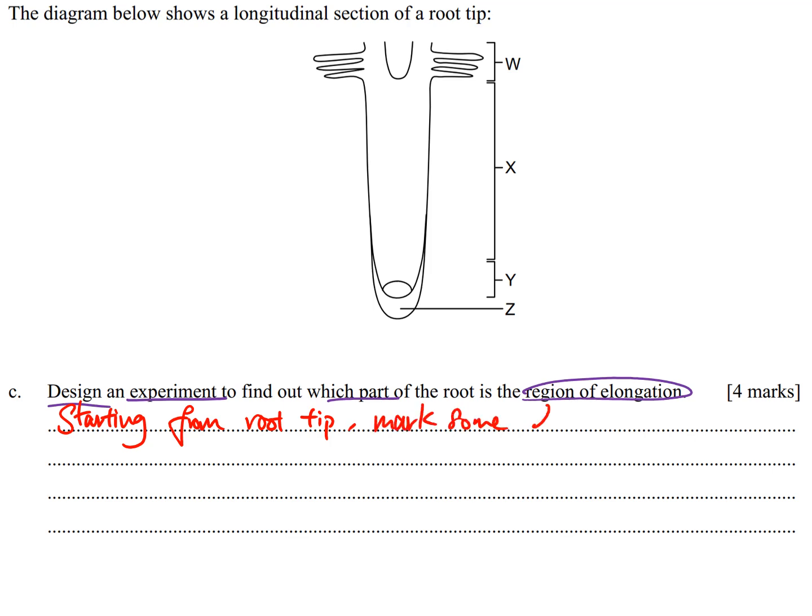mark some lines across the root at 1 mm intervals. So you get the first mark, and then you allow the root or the seedling to grow for 1 to 2 days.